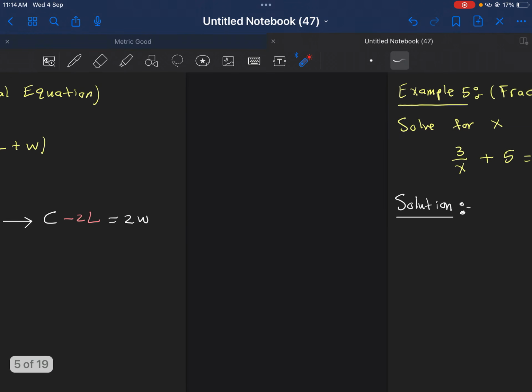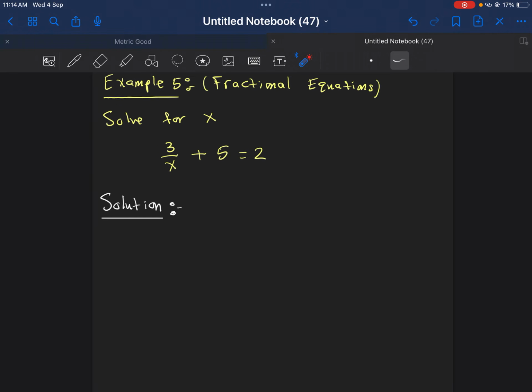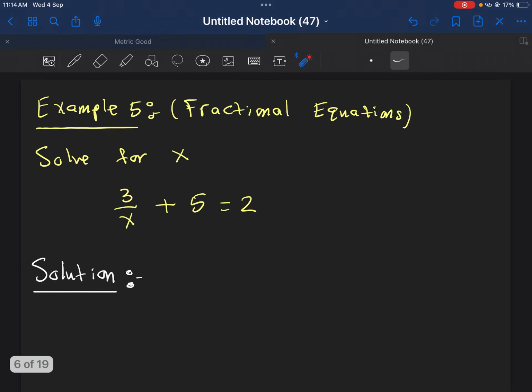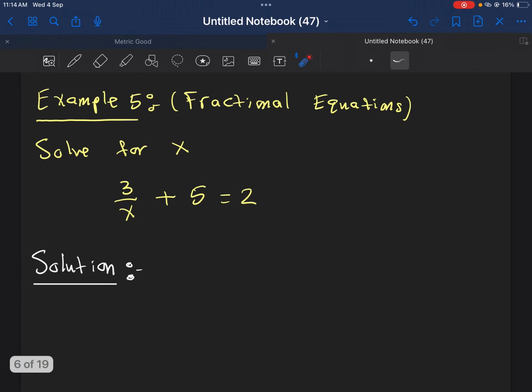Let's see example 5, a different type of equation, what we call fractional equations. Now, a fractional equation means x is in the denominator. How are we going to solve such an equation? If x is in the denominator, we solve it by clearing the denominator.